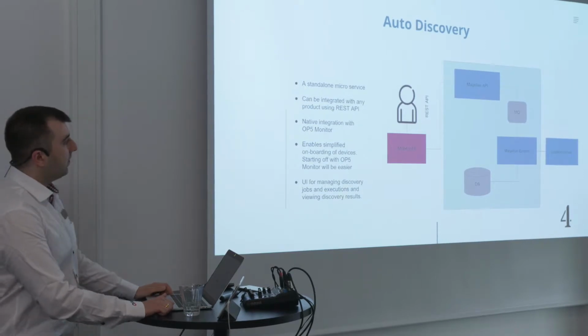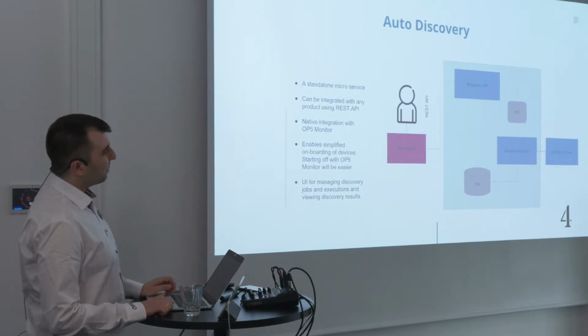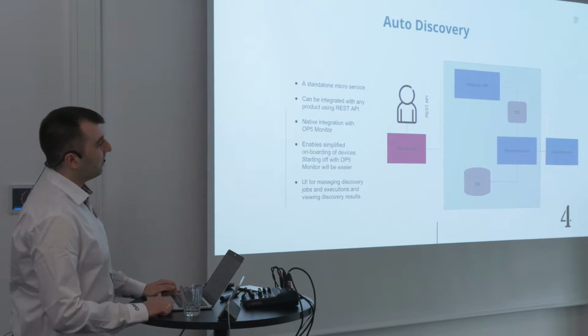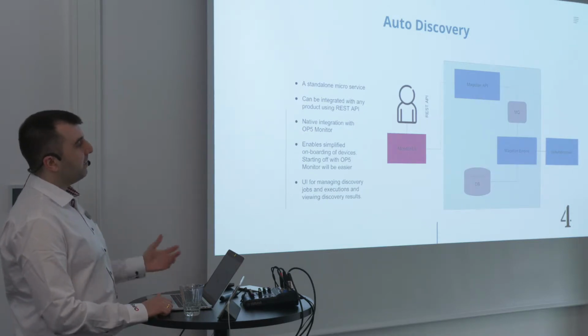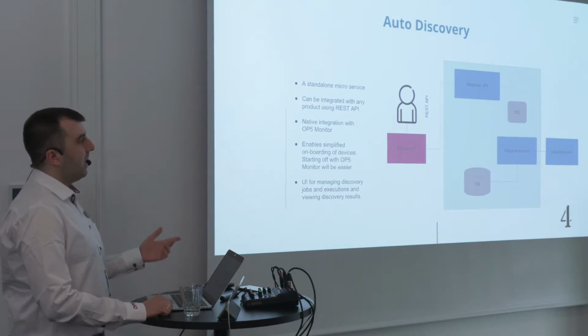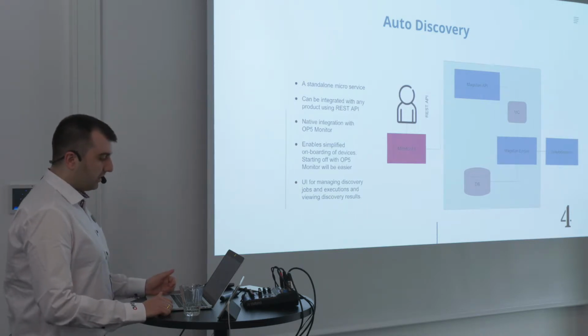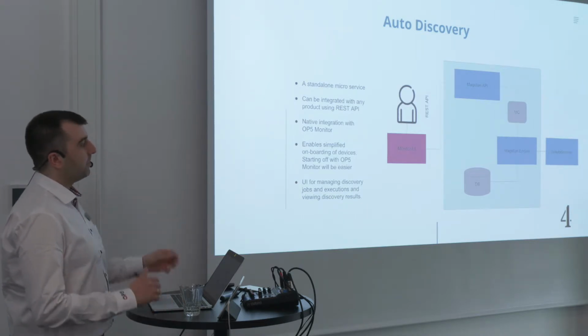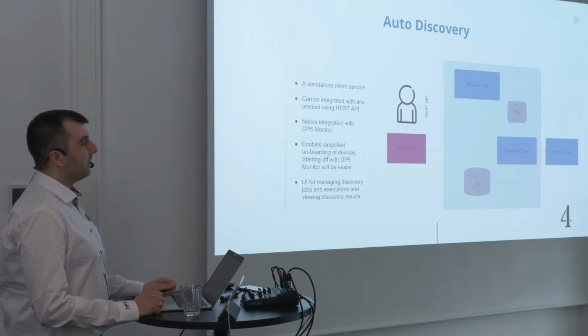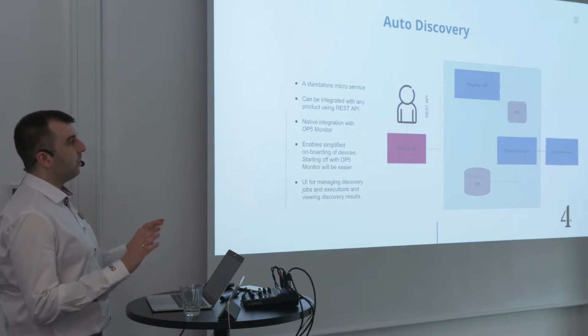So yes, just to talk about specifics of the service, it consists of two main blocks, the API part and the engine part. And we created a message queue between the two in order to make sure that we can achieve horizontal scalability on both layers.